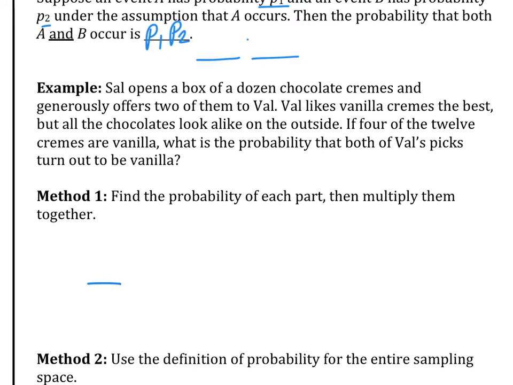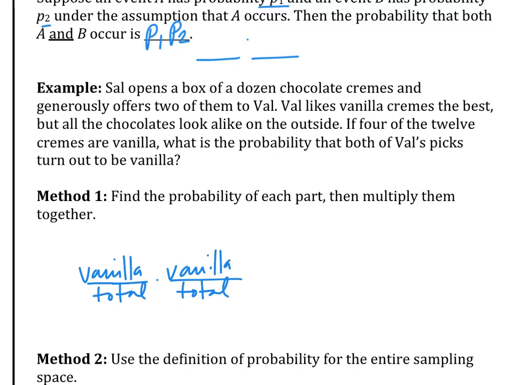So the first time you pick, let's talk about this. We want vanilla out of total, and we want this to happen twice, so we're going to have to multiply it twice, and this is basically the probability of how this could happen.